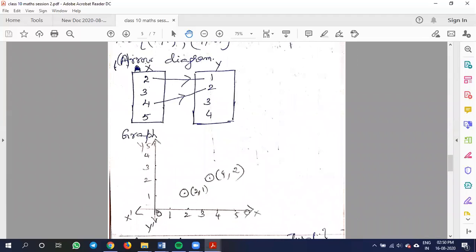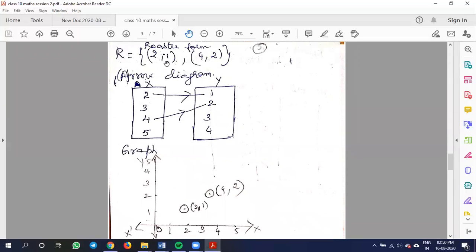So this is the x-axis, x dash, y dash. Then 0, 1, 2, 3, 4, 5. Here in the y-axis also 1, 2, 3, 4, 5. When we are marking this, you have to take 1 centimeter between these 2 points. Okay. When we are denoting 1, 2, 3, 4, 5, take a 1 centimeter gap using your scale and pencil. Now, what is 2 comma 1?